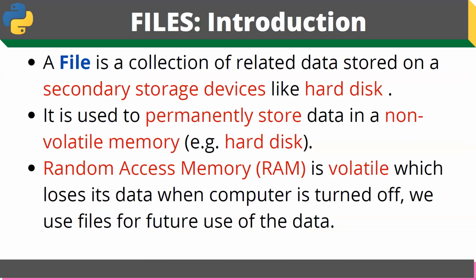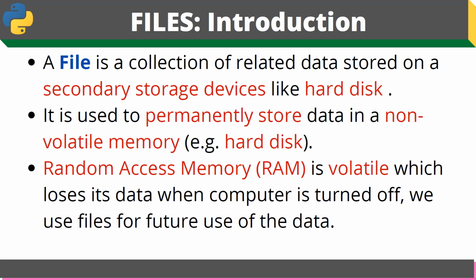Coming to the introduction, a file is a collection of related data stored on secondary storage devices like the hard disk. Hard disk is used to permanently store data in a non-volatile memory. In memory, we have two types, read-only memory and random access memory.